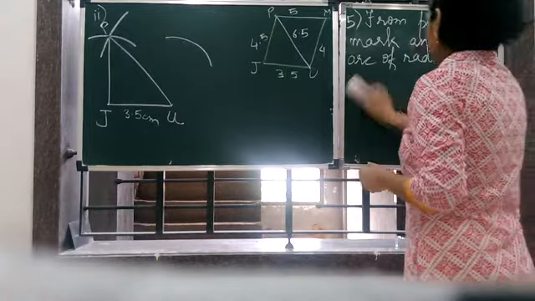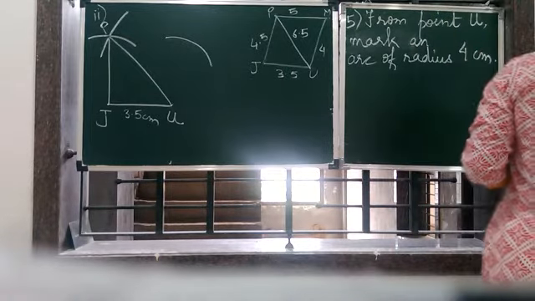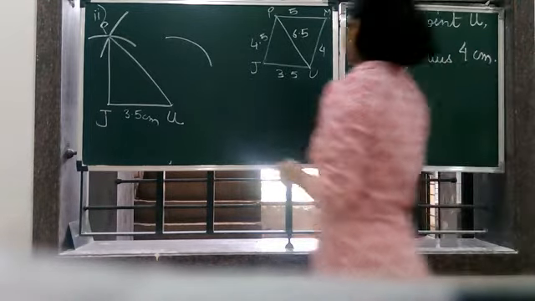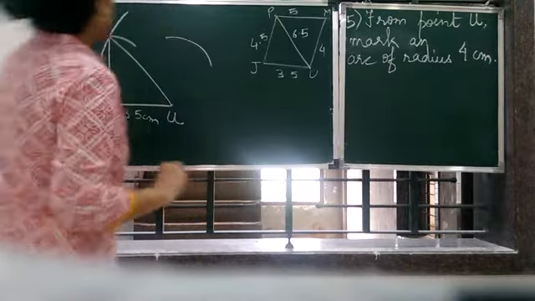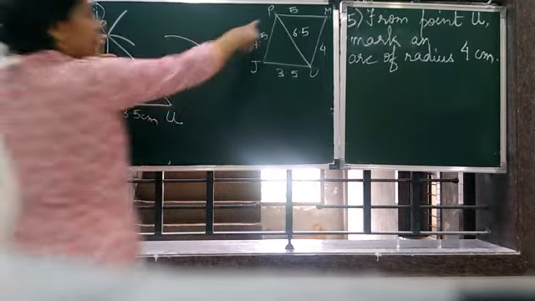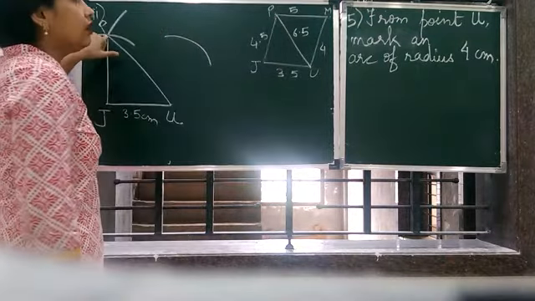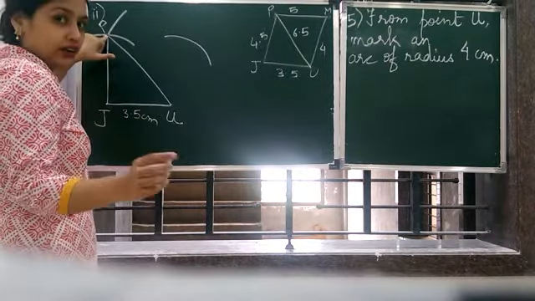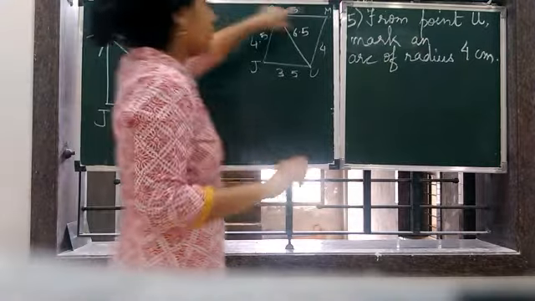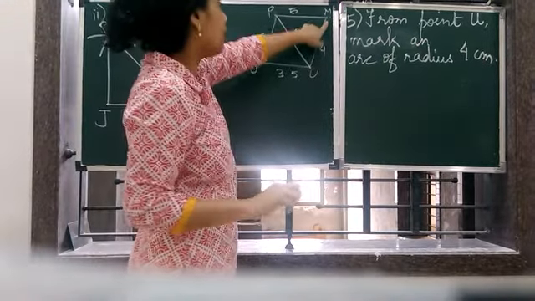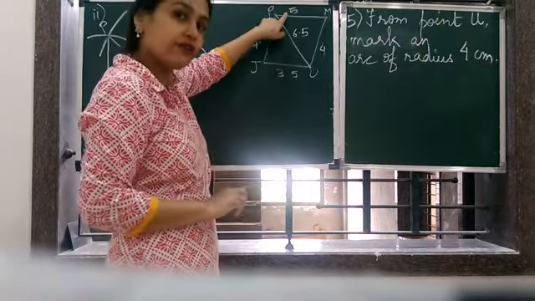Then what is the next part? From point P, we will mark the fourth arc. So mark another arc on the first arc of radius 5 centimeters.